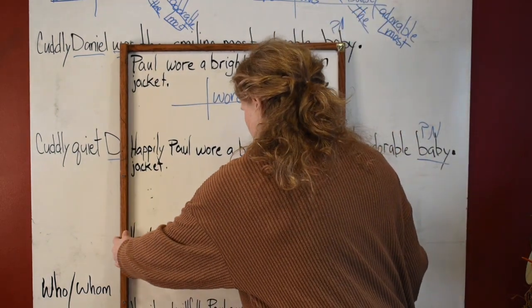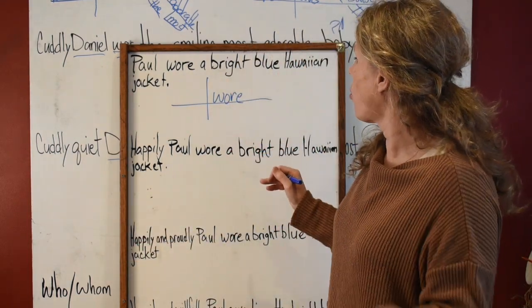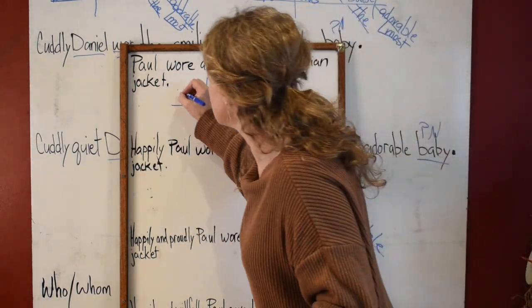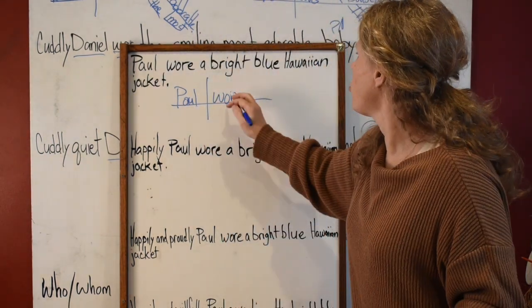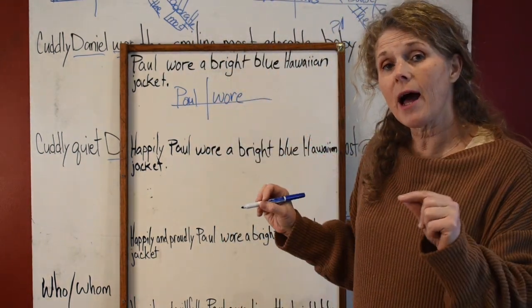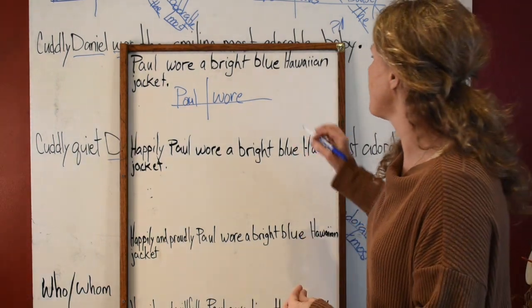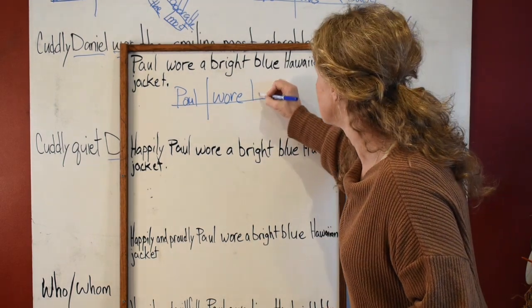So we have an action verb. He's doing something there. He wore. Who wore? Paul. Paul did the wearing. Paul wore. Now we have a direct object receiving the action of the verb. What's being worn? The jacket.